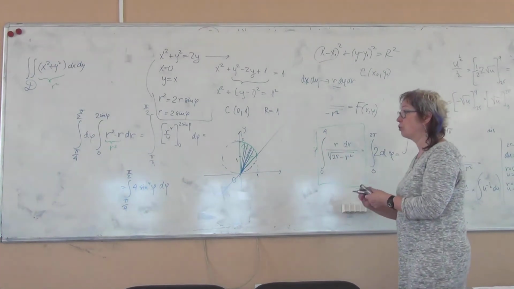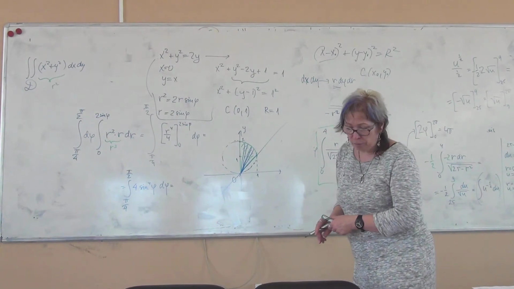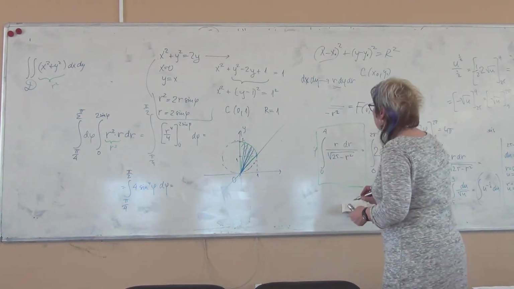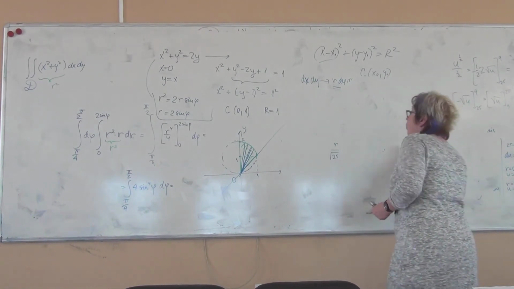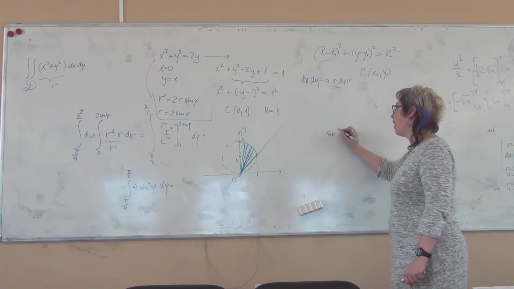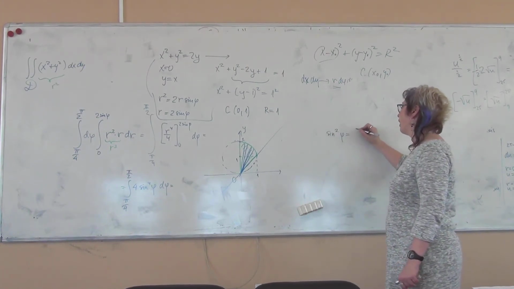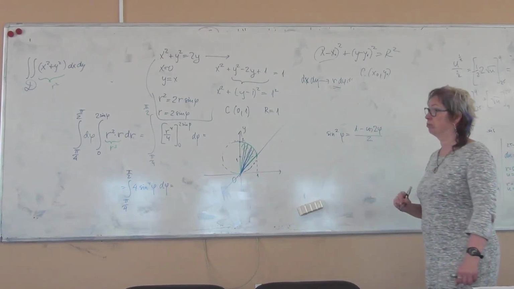I'm not going to do this on the board, but remember that we had some formulas, and this is the old one. One of those was, if I have sine squared of any angle, I can write it as 1 minus cosine of the double angle, divided by 2.